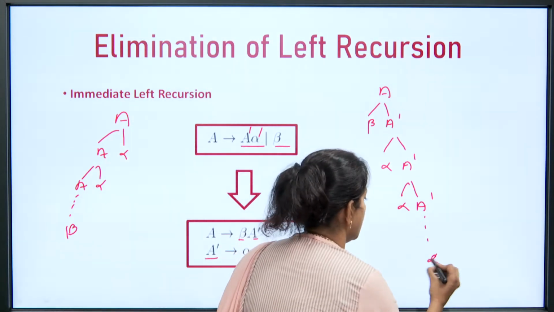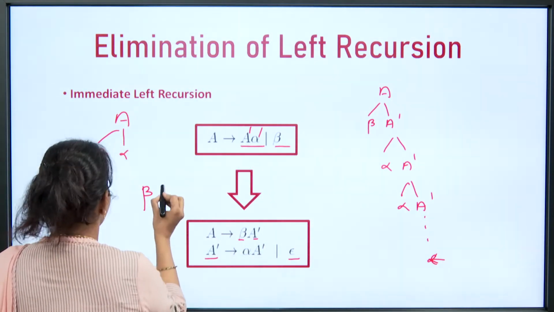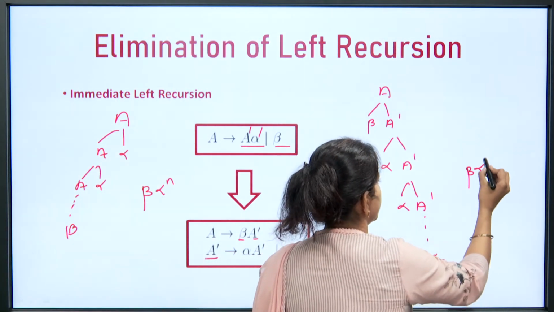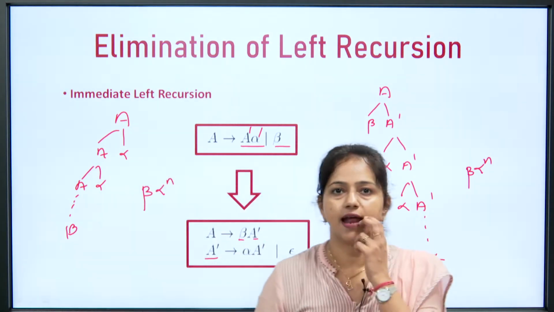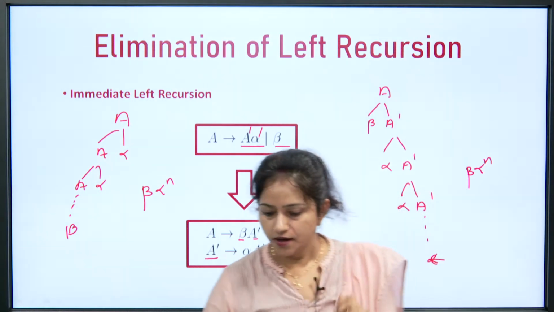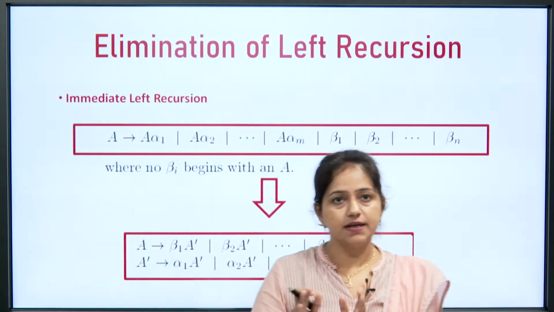So what we observe is that both produce beta alpha to the power n for some n, where n is greater than or equal to 1. This is the method for removing immediate left recursion.